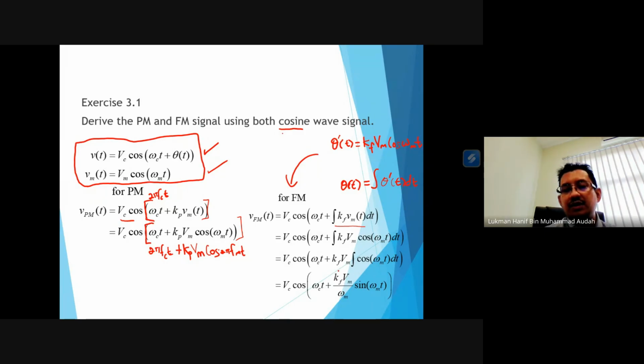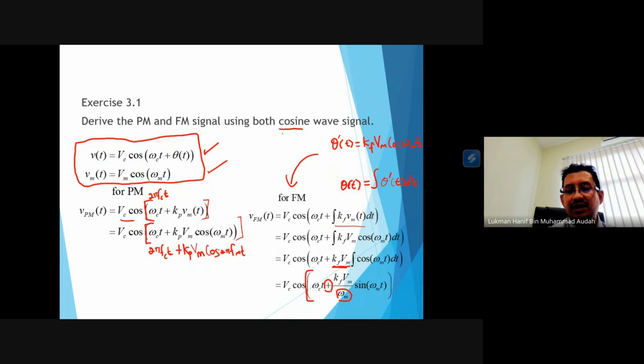We can do the integral and put Kf Vm outside, and then integrate cosine. The integral of cosine gives a positive sine over omega m. Therefore your answer is Vc cos(omega c t plus Kf Vm over omega m sine omega m t).